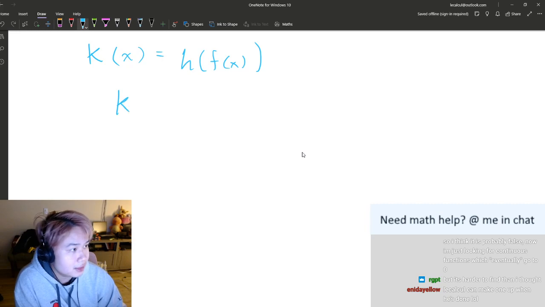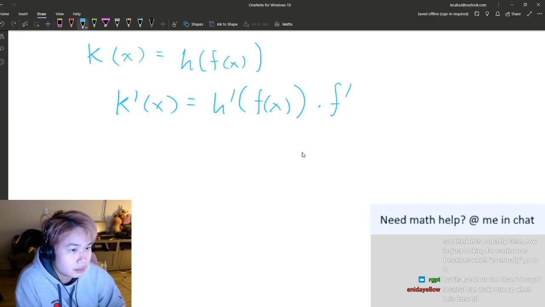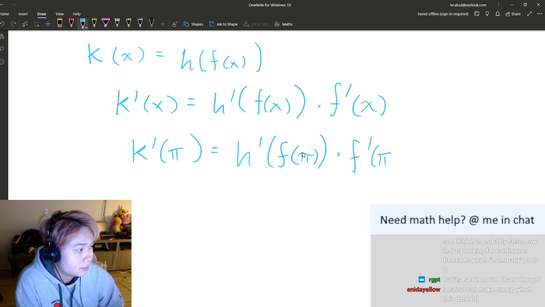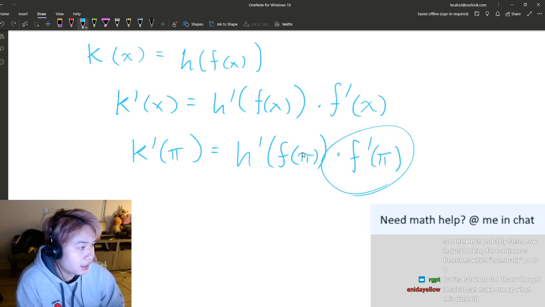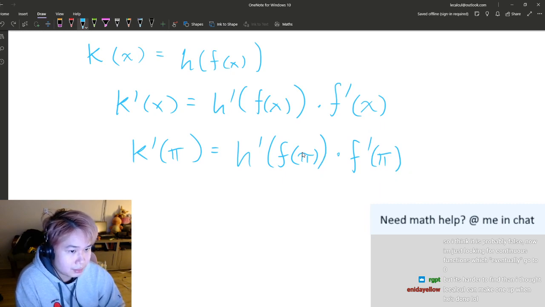Okay, so if I wanted to take the derivative of K, then this is going to be a chain rule. And now I can evaluate this, I guess. I found out what that is, but I need to find out what this is.